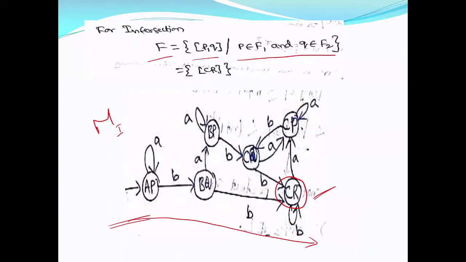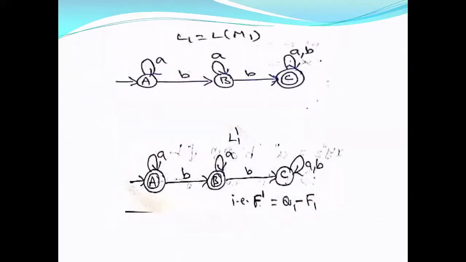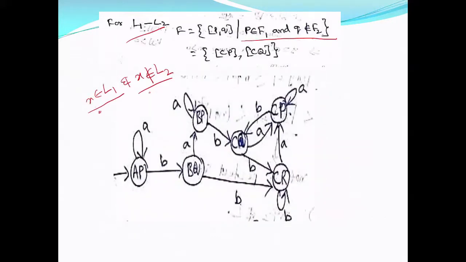If it should be L1 minus L2, it should be accepted in M1, so when it is in C, it will accept. It should be rejected in M2. So CP, then CQ.